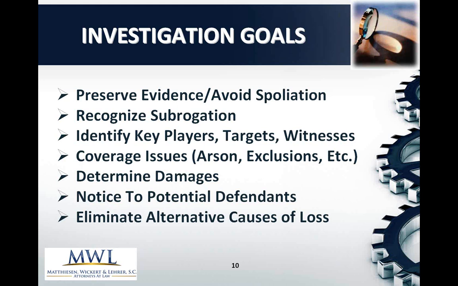That also allows you to do your homework as far as your initial steps go. Are there coverage issues? Was this a case of arson? If your cause and origin investigator is able to put that down right away, then you can mitigate your costs up front. But are there any exclusions to the policy?